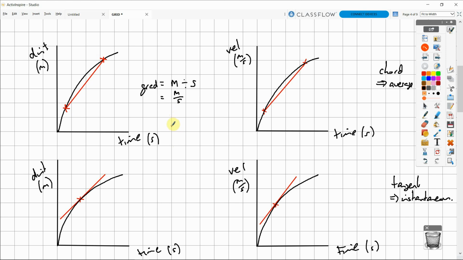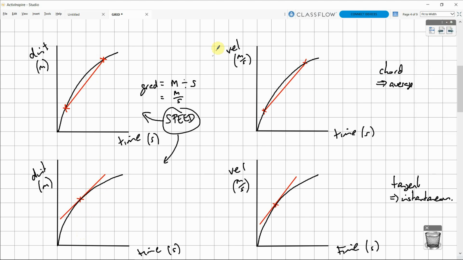This has to be talking about a speed. The gradient of a distance time curve, whether you're looking at a chord or a tangent, is representing the speed of the object. Here it's an average speed between two times. Here it's an instantaneous speed at one precise time.